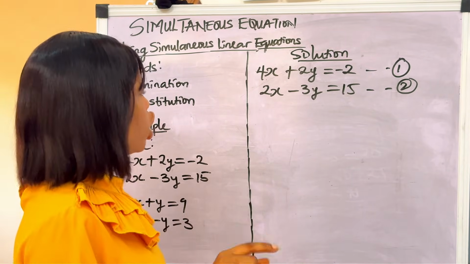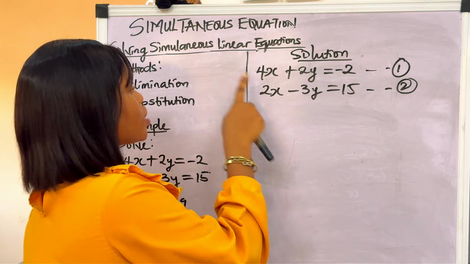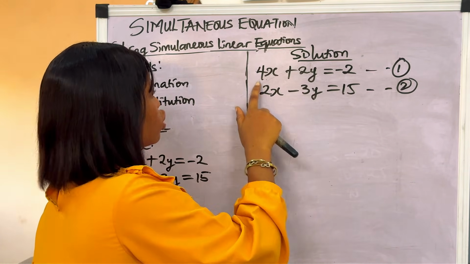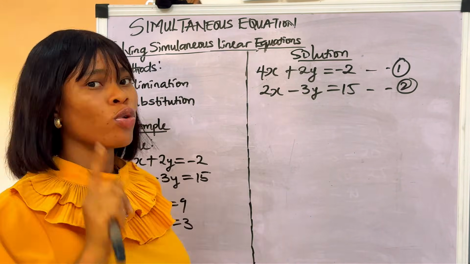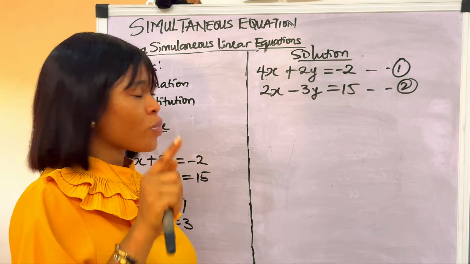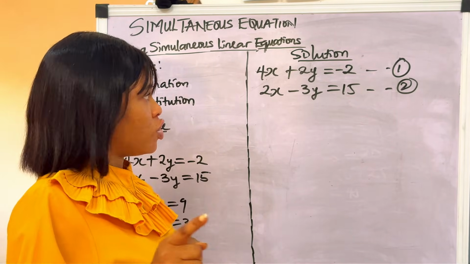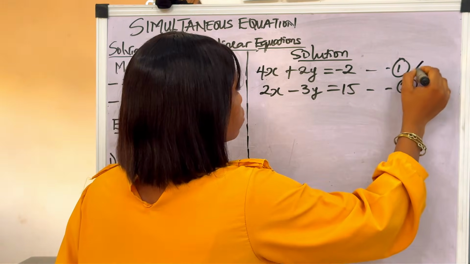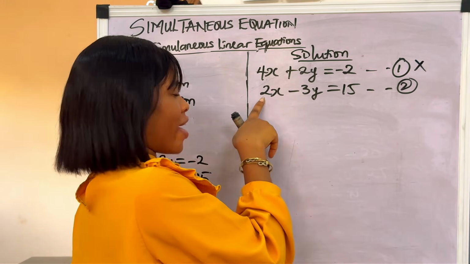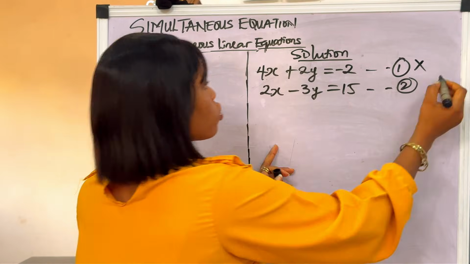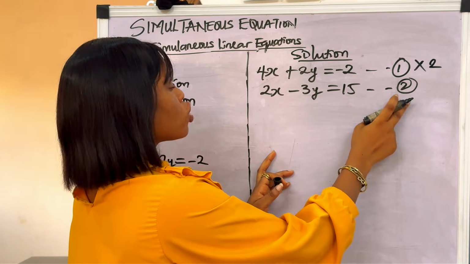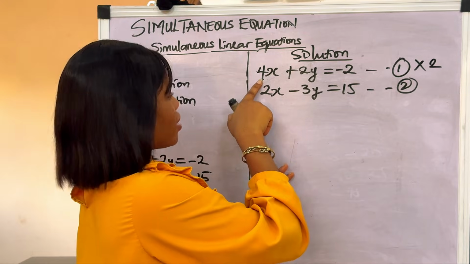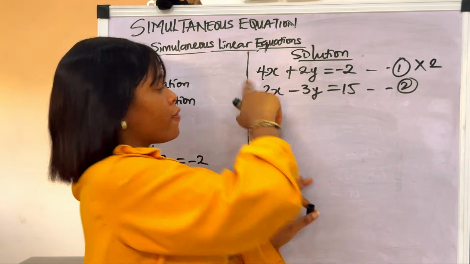First of all, the coefficients of x in equation 1 and equation 2 are not the same. So we have to make them have the same coefficient. And how do we do that? By multiplying equation 1 by the coefficient of x in equation 2, which is 2, and multiplying equation 2 by the coefficient of x in equation 1, which is 4.